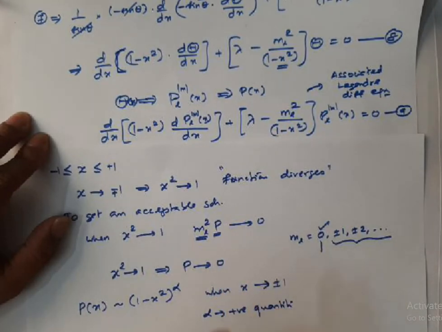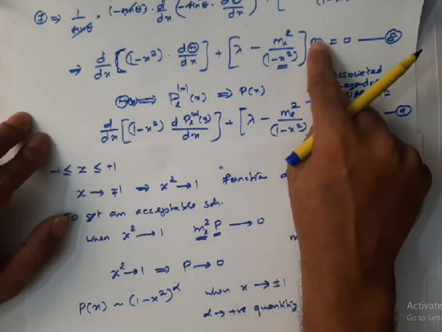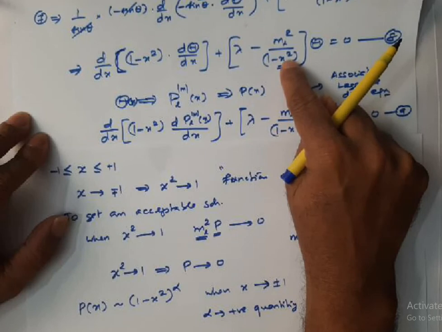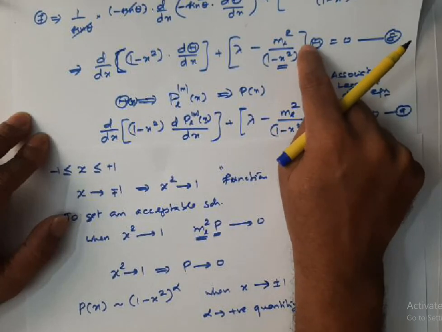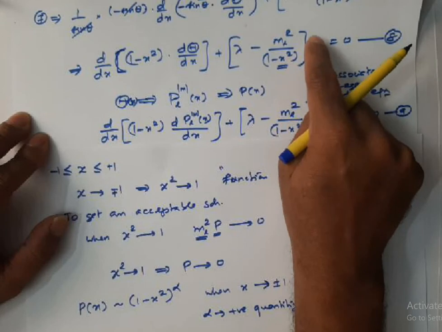So let me state that alpha is a positive quantity. Here I have 1 minus x square in the denominator. If you bring it to the numerator, it will become (1 minus x square) to the power alpha minus 1.